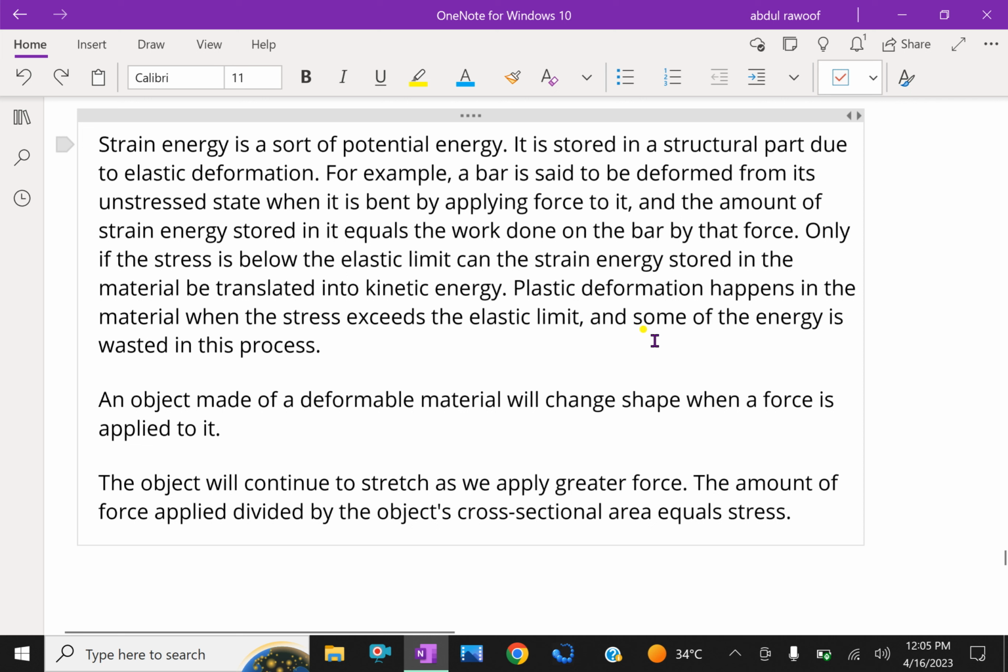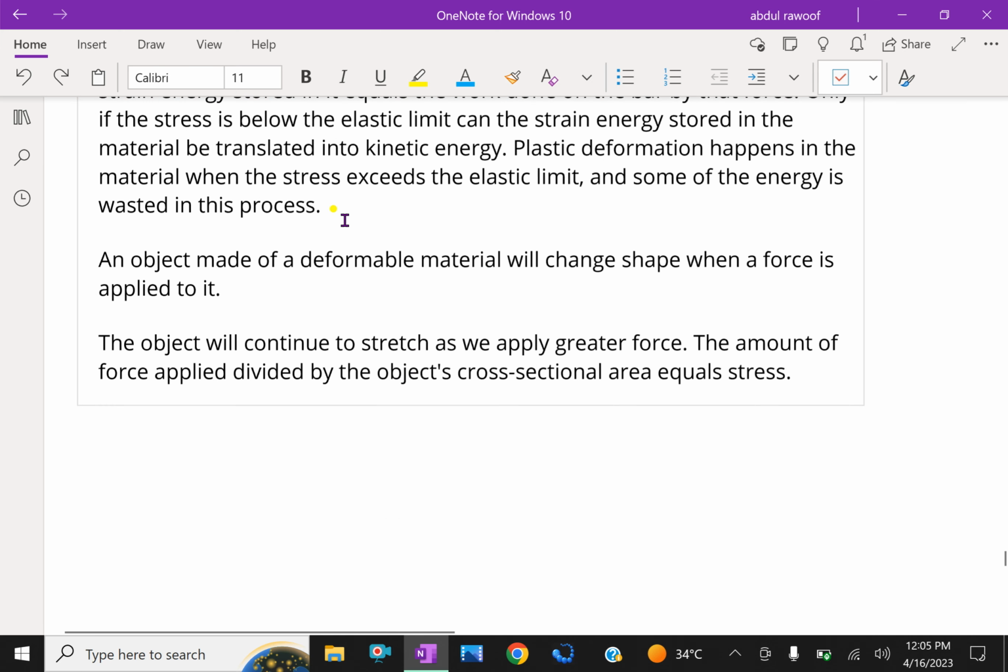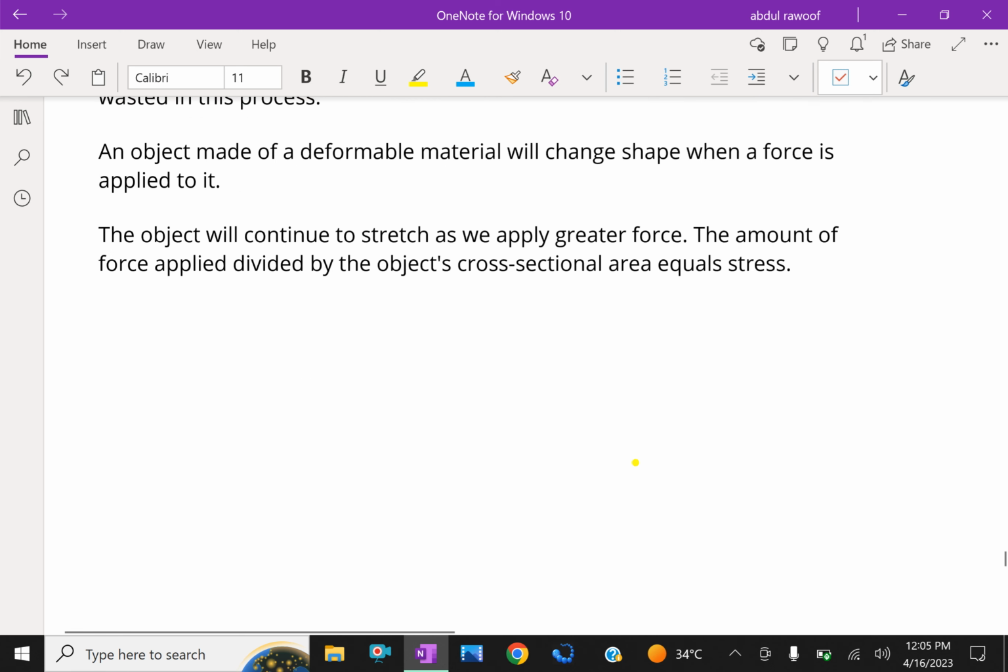Plastic deformation happens in the material when the stress exceeds the elastic limit. Some of the energy is wasted in this process. An object made of deformable material, like rubber, will change shape when a force is applied on it. The object will continue to stretch as we apply a greater force. The amount of force applied divided by the object's cross-sectional area equals the stress.